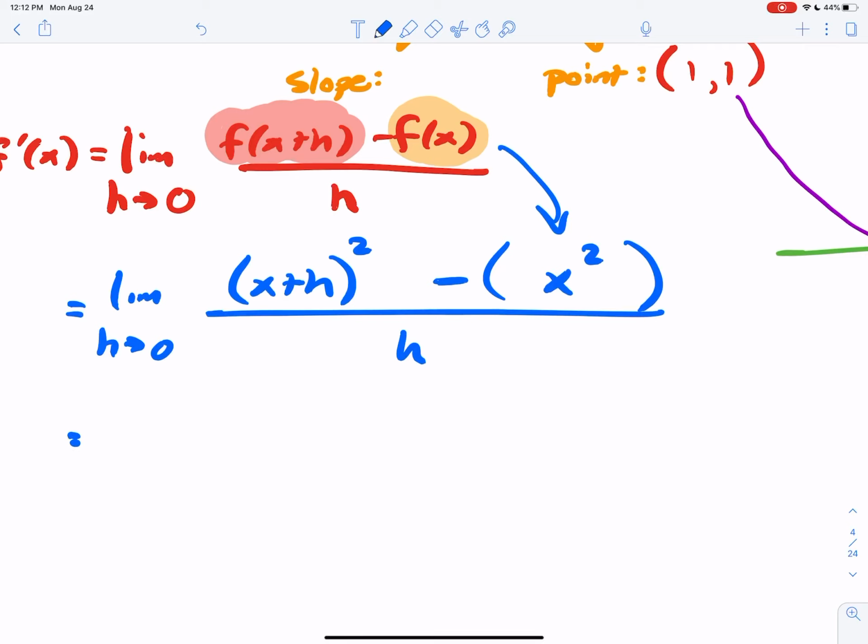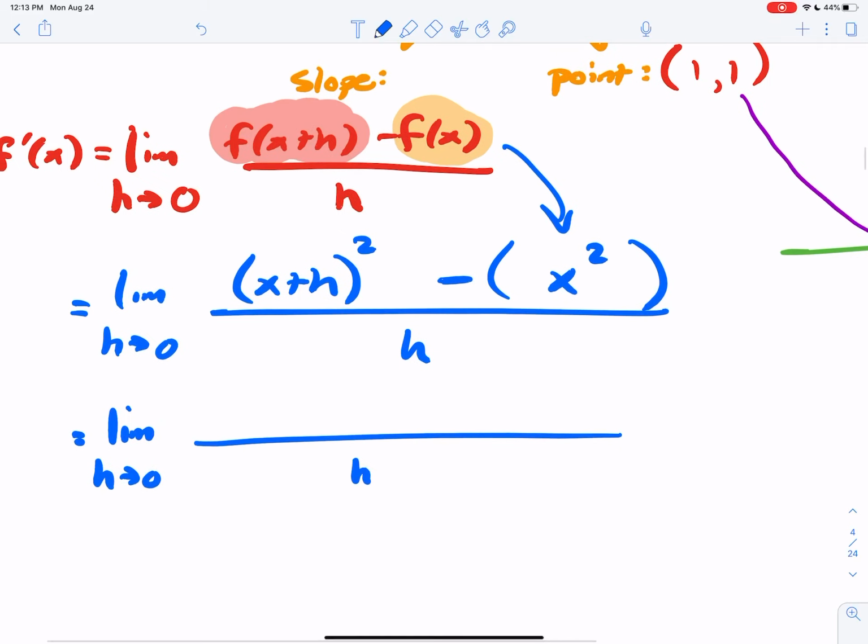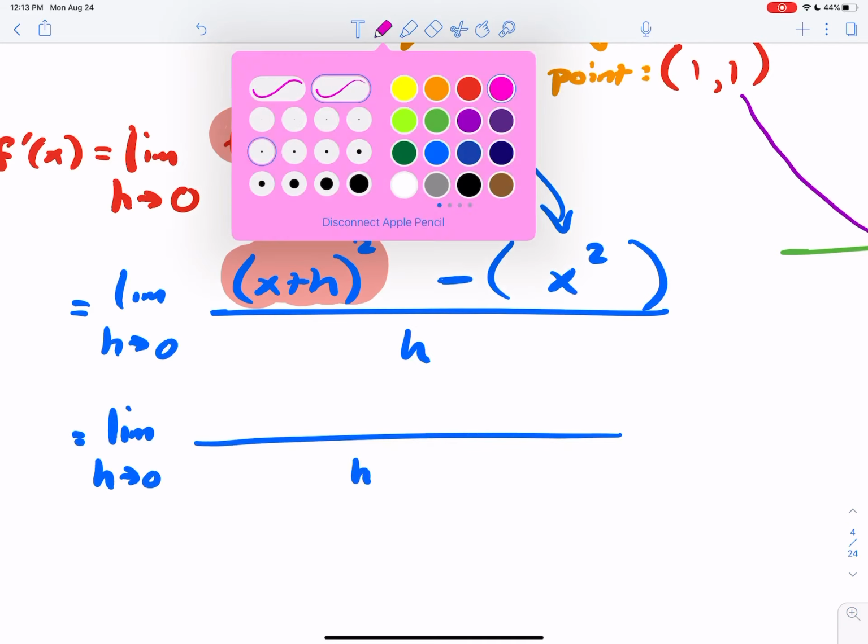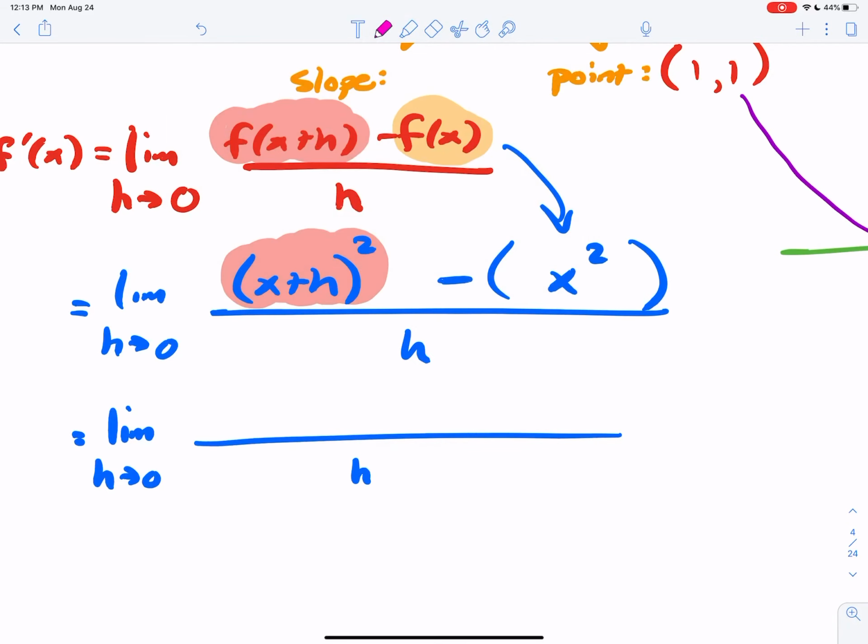We're going to clean this up a little bit. Now, I am not taking the limit yet. I'm just going to clean up what I have. So down below, I have an h. Up top here, in this quantity, I'm going to go ahead and expand that. Okay, so if you remember, the shortcut to expanding a perfect square is you square the first term, so that's x squared.